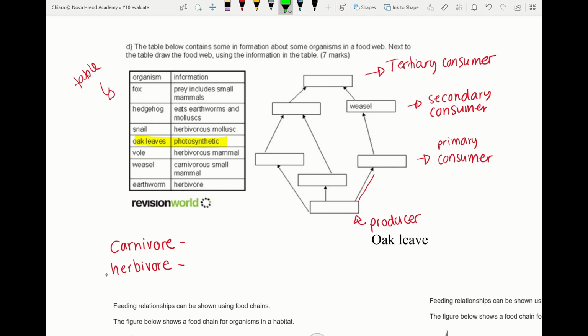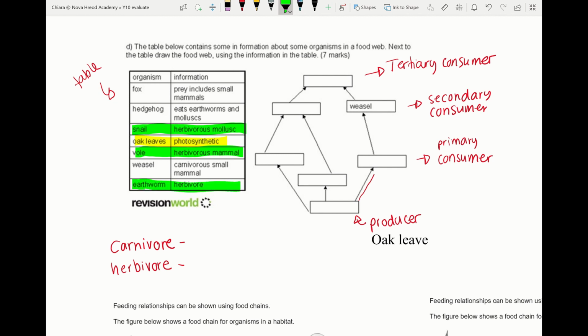Let's have a look. A fox, their prey includes small mammals. Hedgehog eats earthworms and mollusks. Snails are herbivorous mollusks, so a snail is a herbivore. A vole is a herbivorous mammal, a weasel is a carnivorous small mammal, and an earthworm is a herbivore.